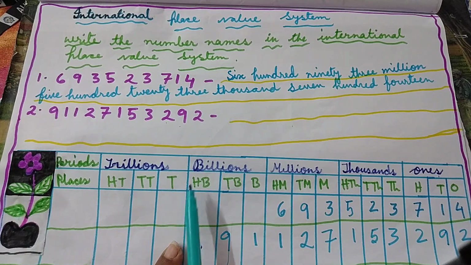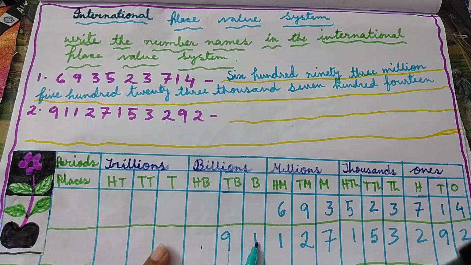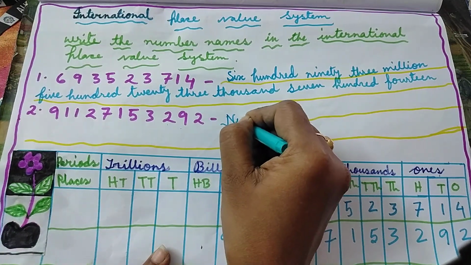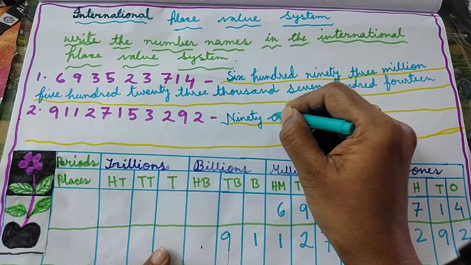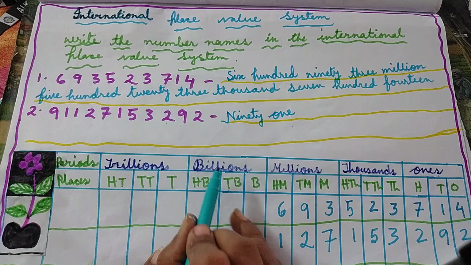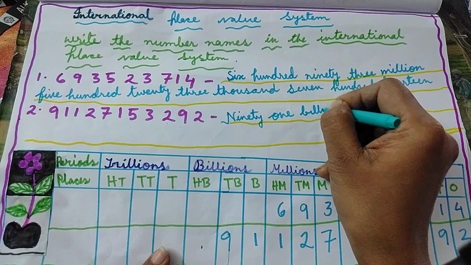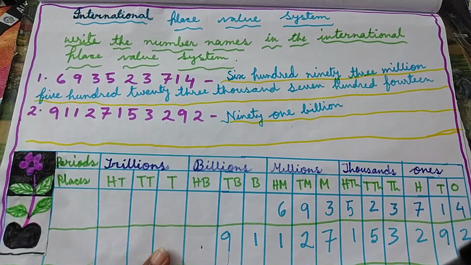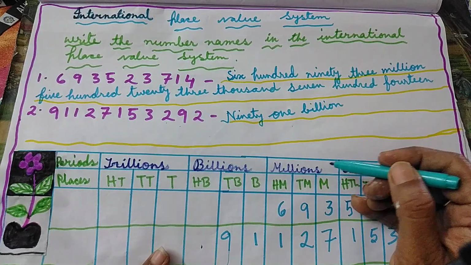That is 0, 100, nothing. 9 and 1 togetherly makes 91. 91, write in words. 91. Okay, 91. Then write the period. Billion. 91 billion. Complete.